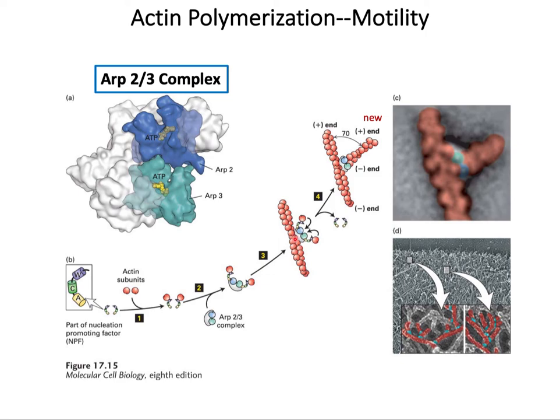If the ARP2/3 complex is not interacting with NPF-actin, then it is in a conformation in which it cannot interact with the actin filament.